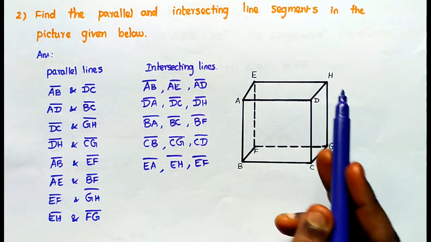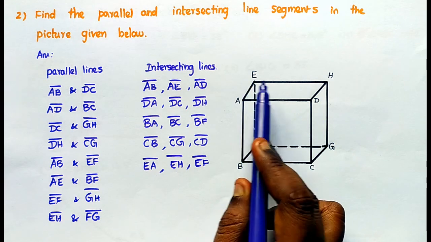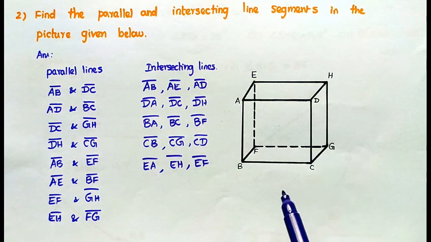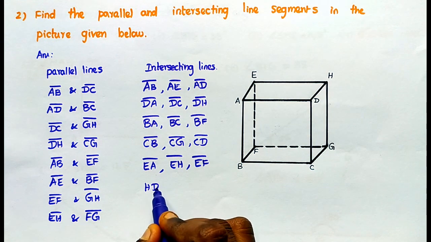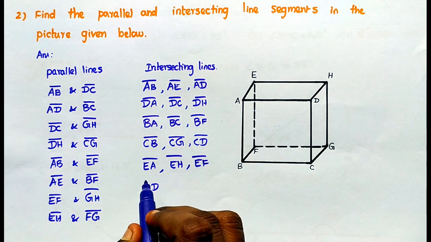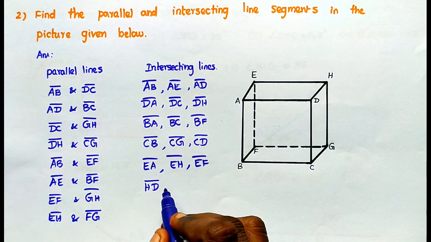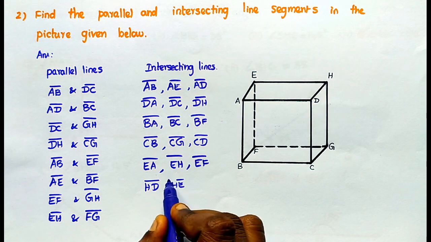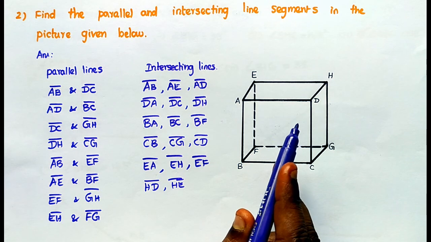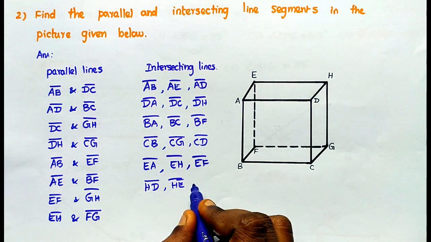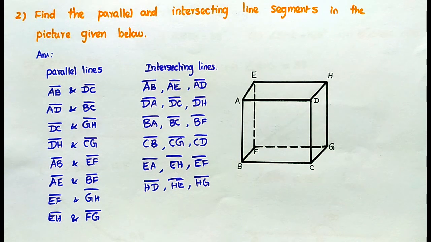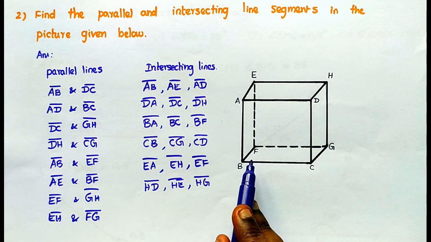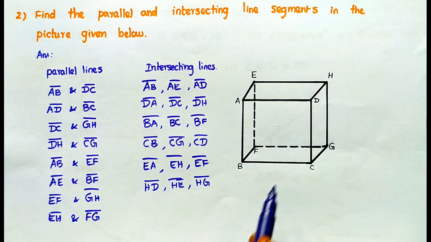Next one, H: HD, HE and HG. Next F: FB, FE, FG.